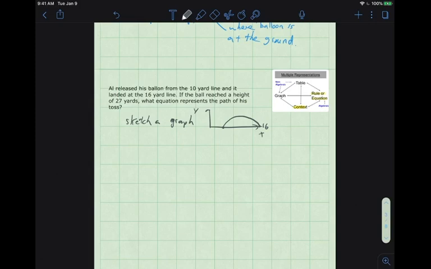If the ball has reached a height of 27 yards, what equation? I feel like I'm missing a word. If the ball reached a maximum height of 27 yards, what equation represents this? I think that might be maximum, so let me double check.